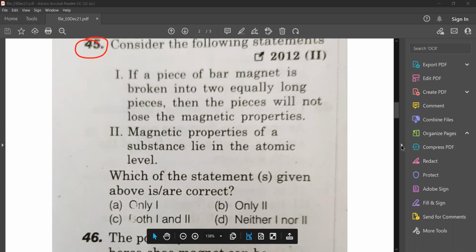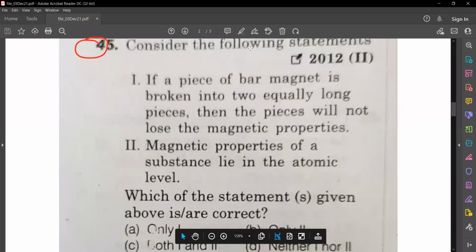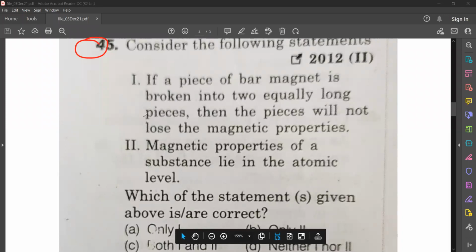Whenever you get a statement questions, you have to read that 2 times, clarify, and then answer. Yes. So what is the answer?